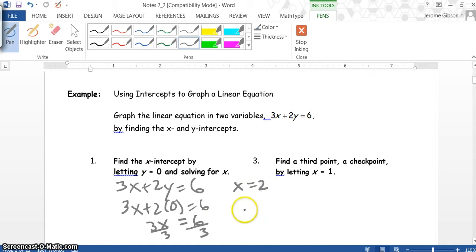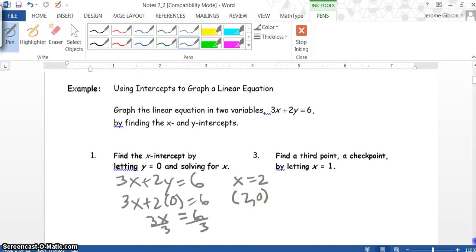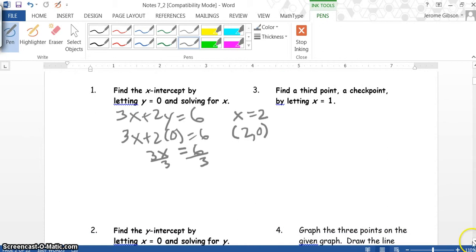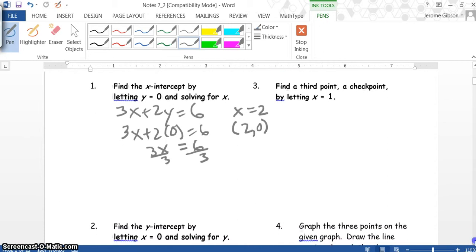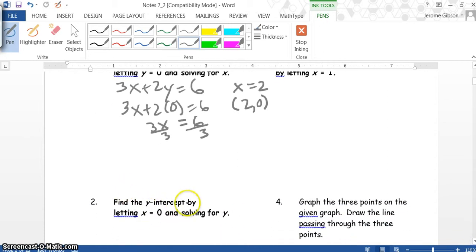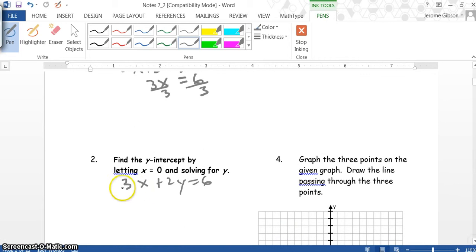Now typically we will write our x-intercept as an ordered pair. So it'll be 2, 0 will be your final answer. Okay, now we want to look down here at number 2. It says find the y-intercept by letting x equal 0 and solve for y. So we will still have the same equation, but this time we're going to substitute in 0 for x and solve for y.